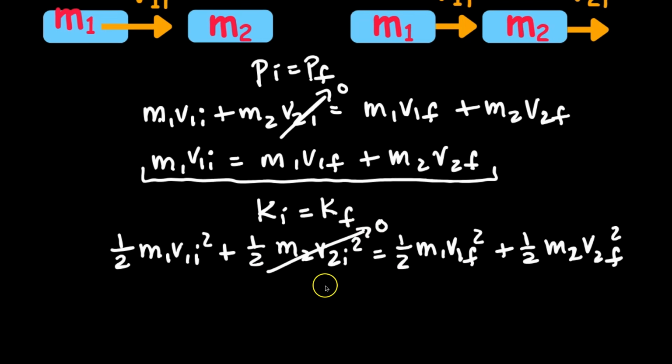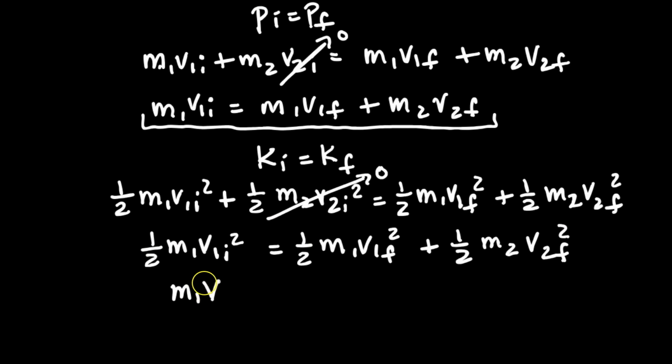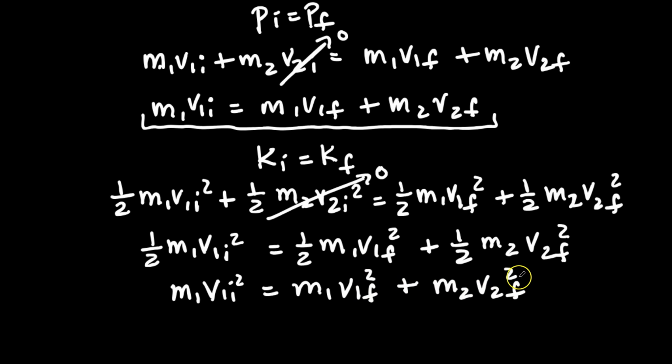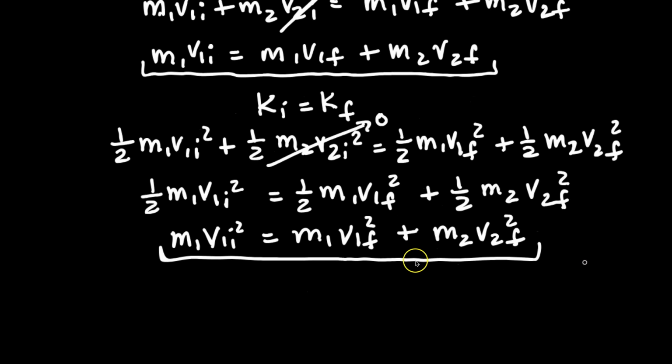Since mass 2 is not moving, the initial kinetic energy of mass 2 we can set equal to 0. You'll notice that there is a 1/2 on both sides, so we can factor out the 1/2, and that gives us m1 v1 initial squared equal to m1 v1 final squared plus m2 v2 final squared. We're going to bracket this, and we're going to use this equation later to find the final velocities.